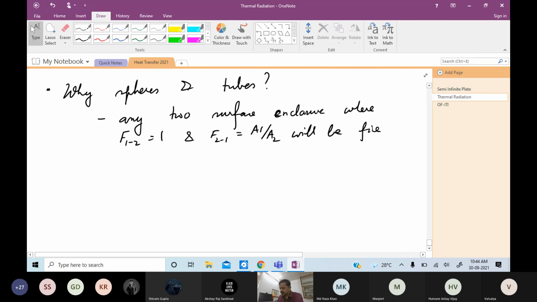For example, a flat surface and a hemisphere, A2, A1. Any problem? No? Exactly the same thing. What we were doing in that annulus, we will do the same thing here. A1 goes to A2, part of it comes back to A1, part of it goes back to A2. Then what came back to A1 will get reflected back to A2. Same thing.